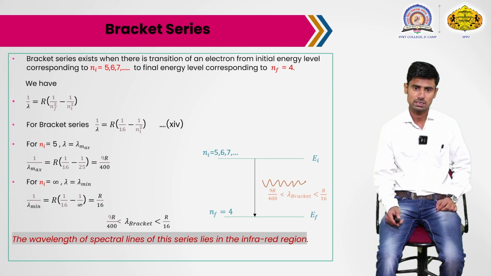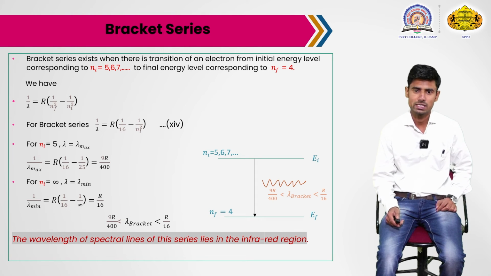By substituting Ni equals infinity, I will get 1 by lambda minimum equals R by 16. And so you can observe that the wavelength of the Brackett series lies between 9R by 400 and R by 16. If you evaluate this, the wavelength of the Brackett series will be in the infrared region of the electromagnetic radiation.